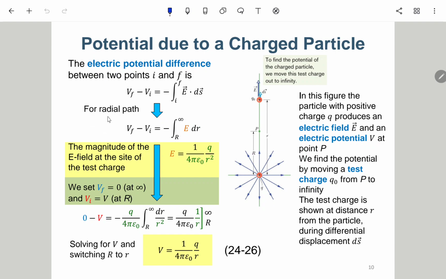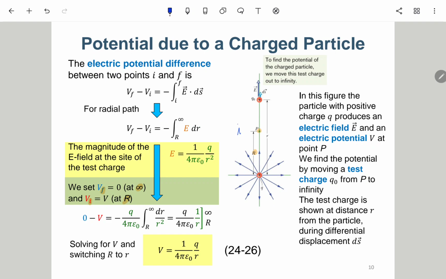Here, for the radial path, we take the final point to be infinitely far away, and the initial point is the point we are concerned with. Actually, capital R is this point, and this is a small r. So we try to move a charge from point P to infinitely far away.